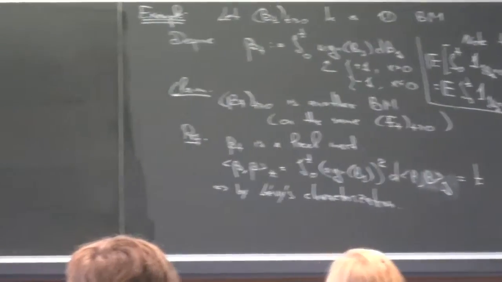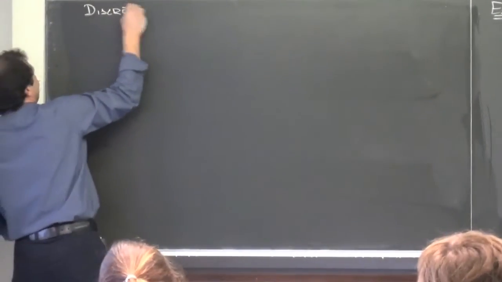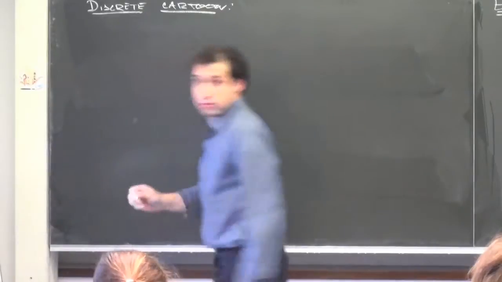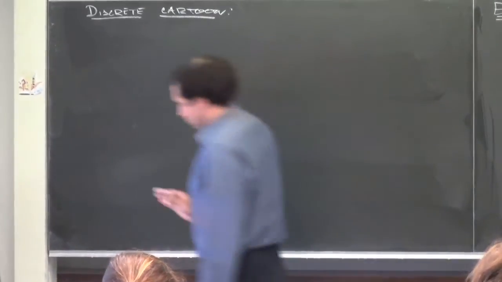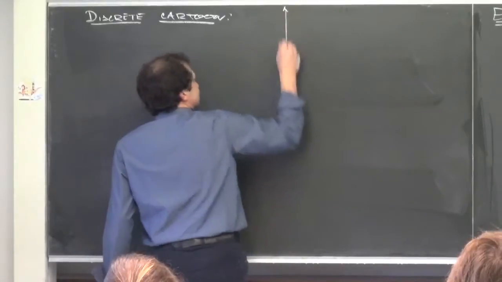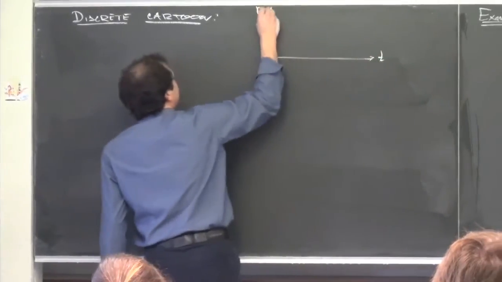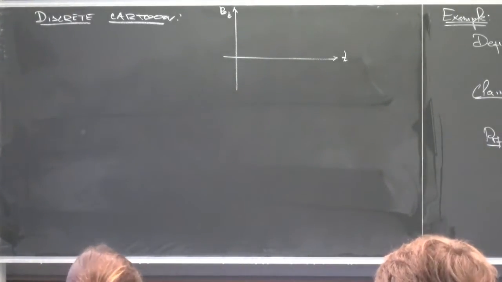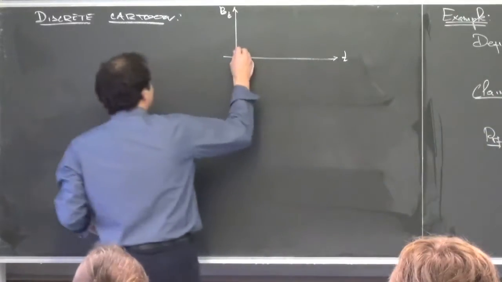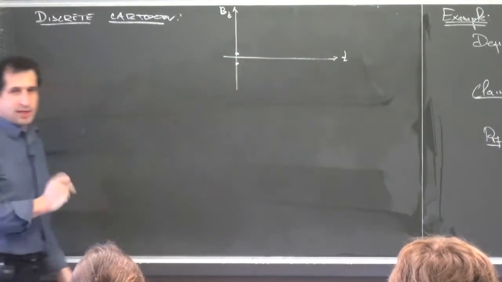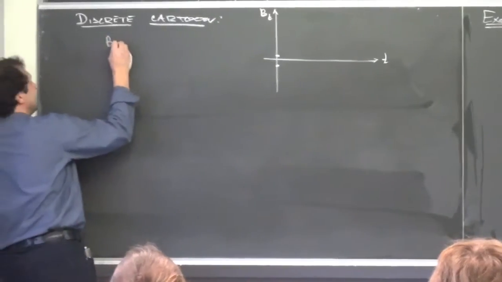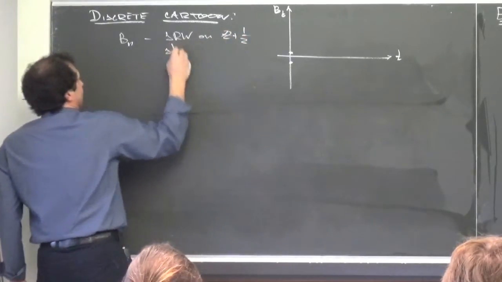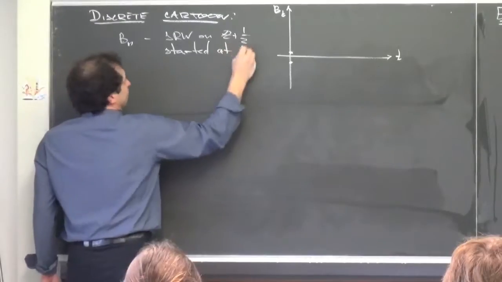Okay, discrete cartoon. Imagine that we work with simple random walks, and I use the trick I already used in my lectures. So it's going to be a simple random walk on Z plus 1/2, started at 1/2.